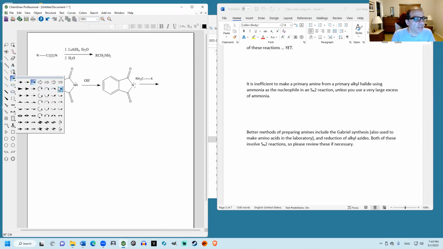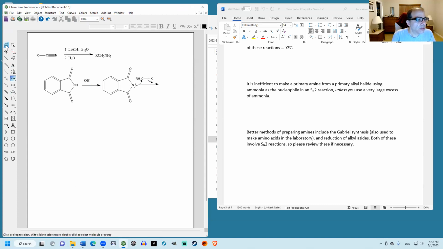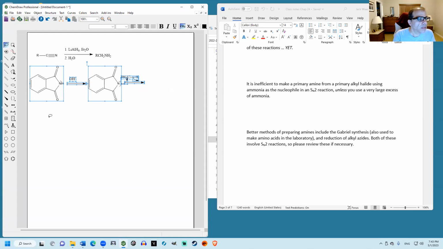Whatever halogen you like, this then undergoes an SN2 reaction. And you get the substituted amine.